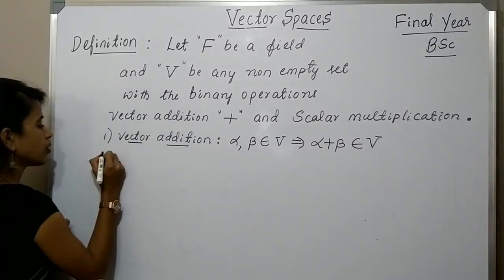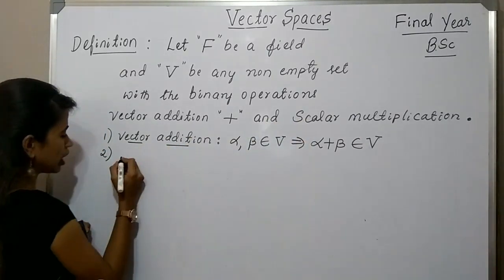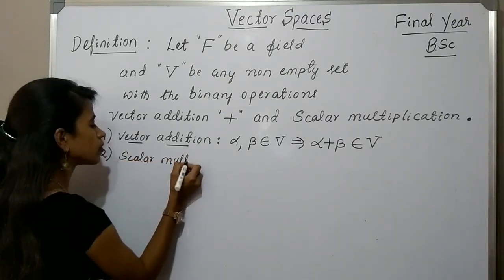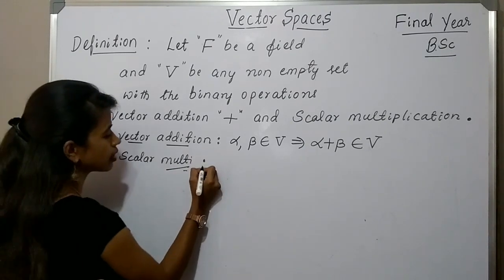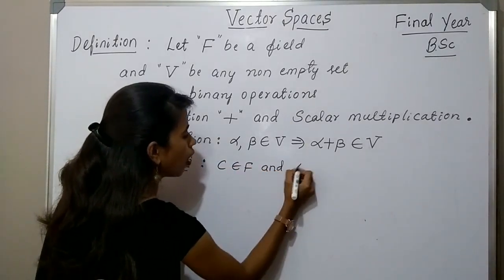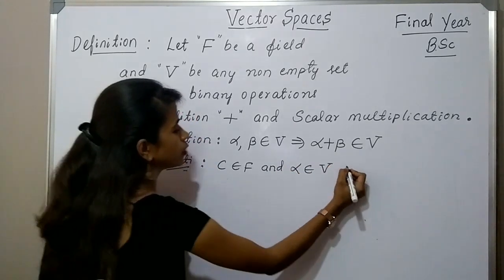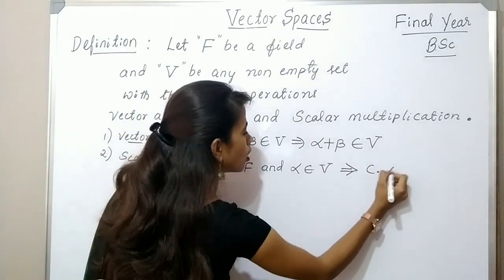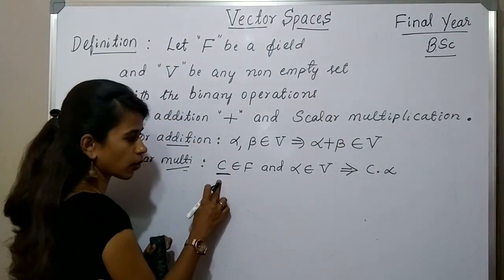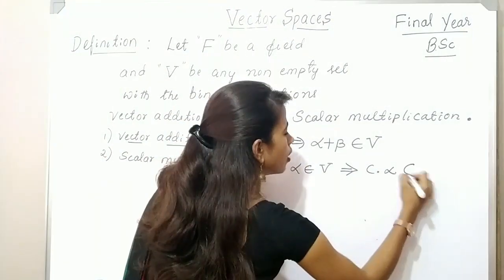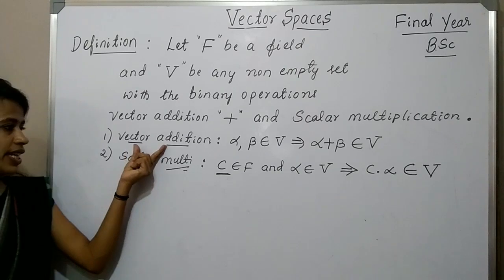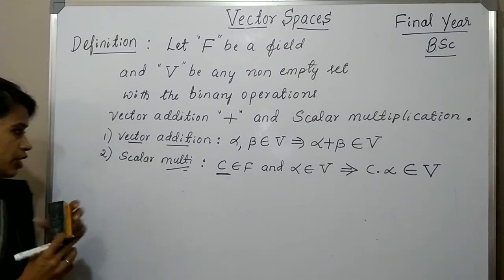Second one is scalar multiplication, where C belongs to F and alpha belongs to V. So this implies C dot alpha, that is the scalar multiplication. Here C stands for scalar. So C dot alpha belongs to V. So that is the vector addition and scalar multiplication.